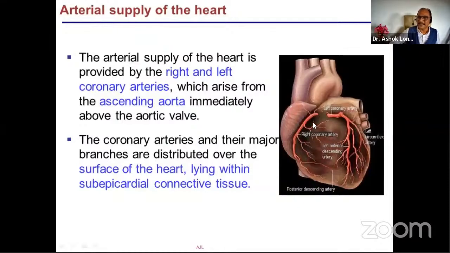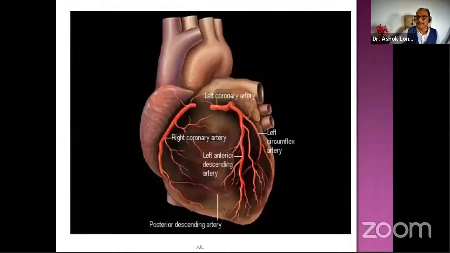The arterial supply to the heart is by two major arteries, the right and left coronary arteries. They arise from the aorta, and these coronary arteries, while giving lots of branches, surround the heart and supply the underlying tissue.